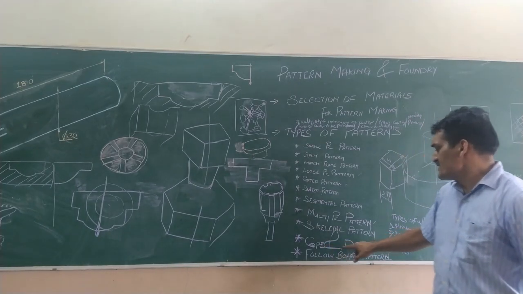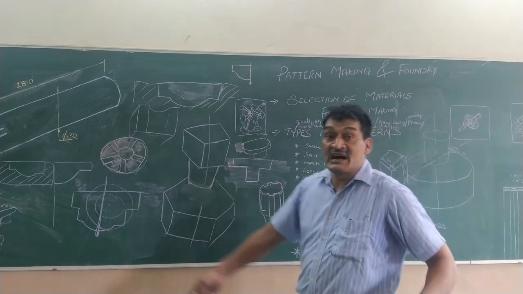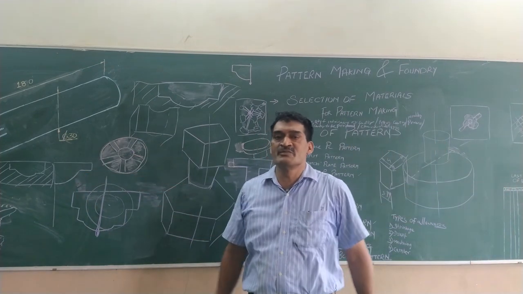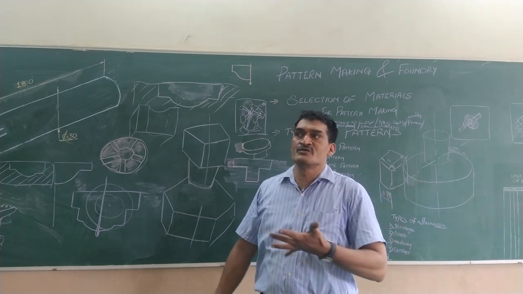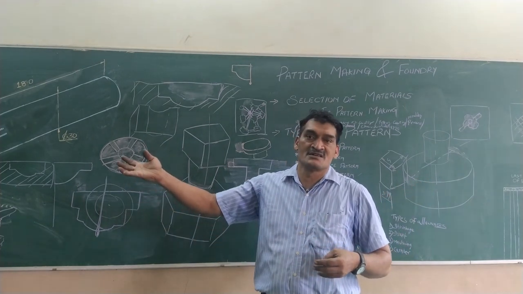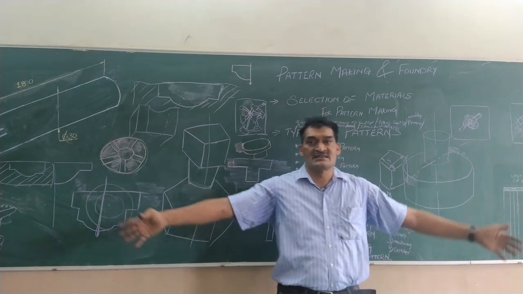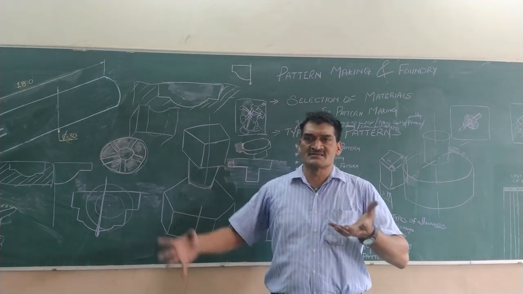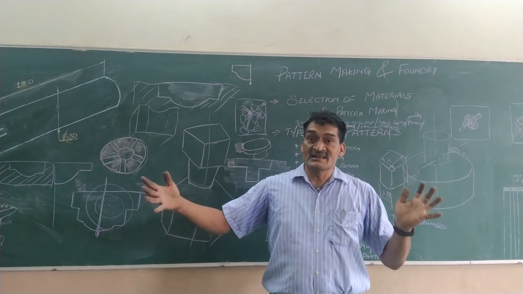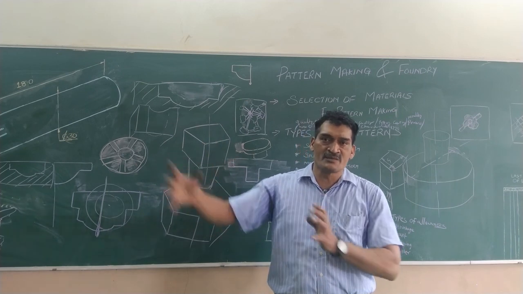The next type of pattern is your cope and drag pattern. When there are large castings to be made, like that of machines, or if you see some of the vehicles on the road, they have large parts, like that of a road roller. Okay, so there, as humans, we cannot prepare a mold.